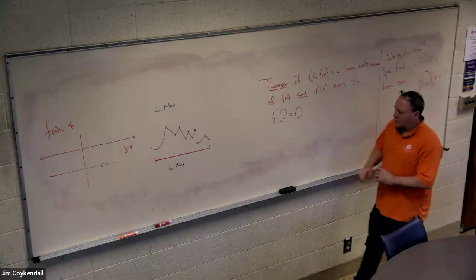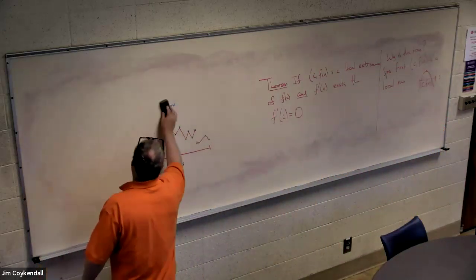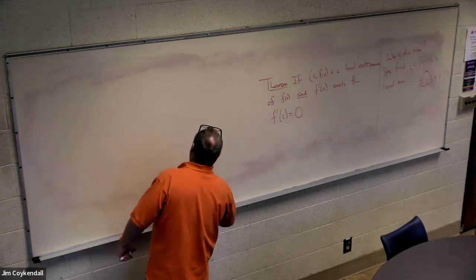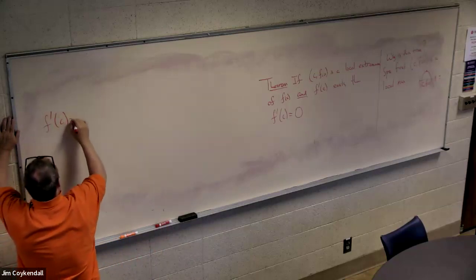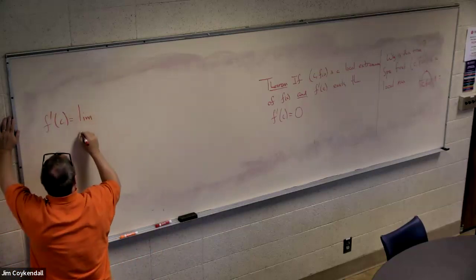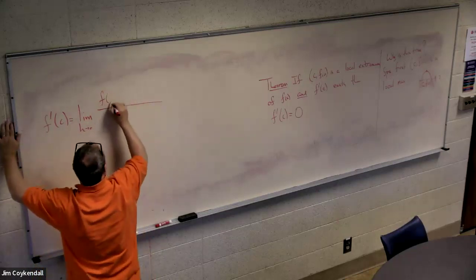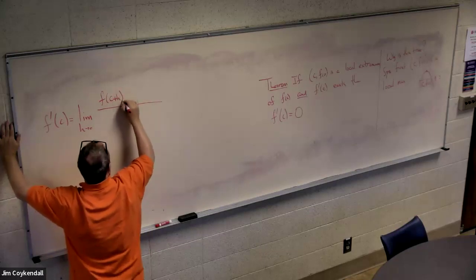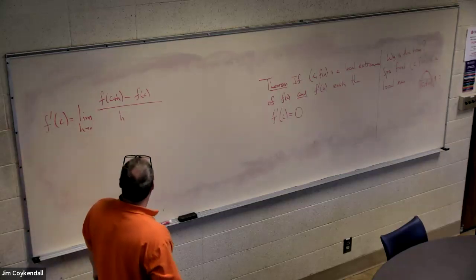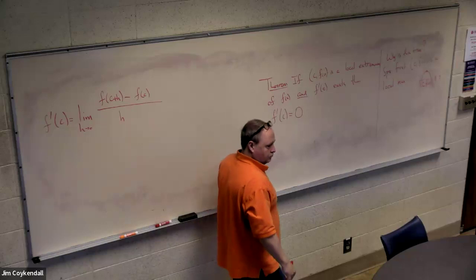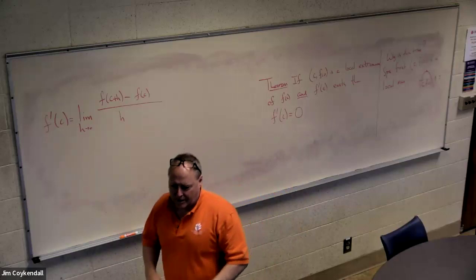Okay, so let's look at what the derivative has to be. Let's just compute the derivative old school, and old school means you have to use the definition of the derivative.